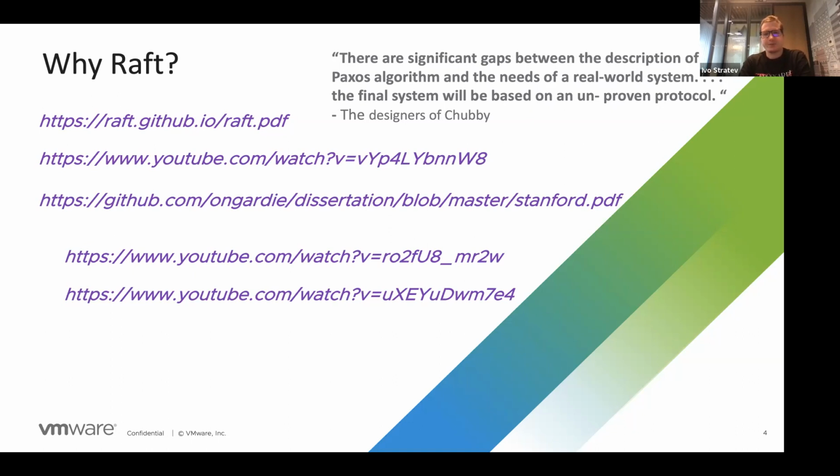So why Raft? First, Raft is presumably the simplest consensus protocol among all that are currently available. And the reason for this is that Raft was designed with this goal. It was designed to be understandable. It was designed by a PhD student at Stanford. You can directly go and read his original dissertation, which is available at this link. You can also watch the original recording of him presenting this dissertation on the second link.